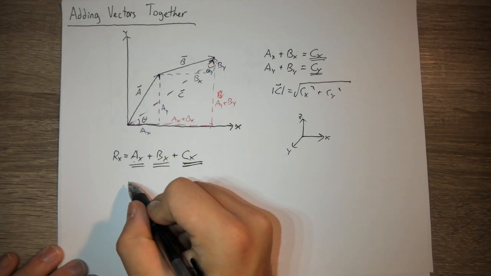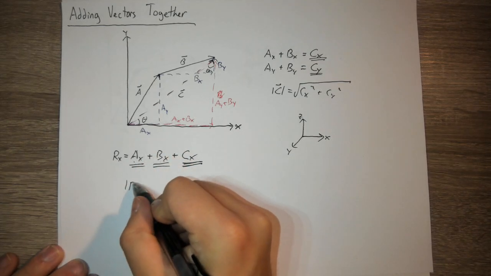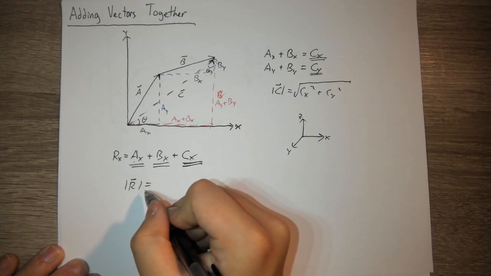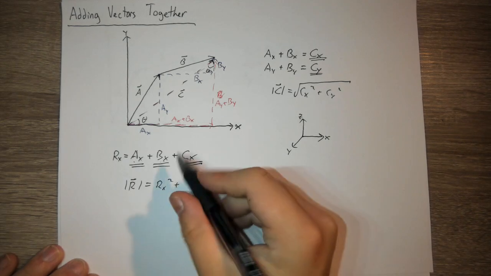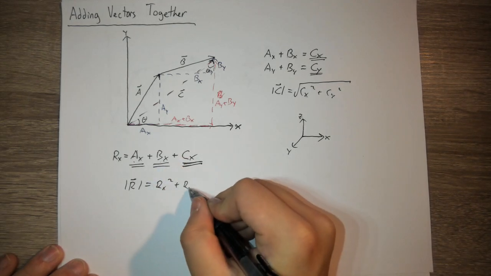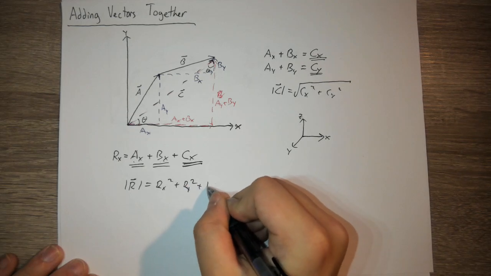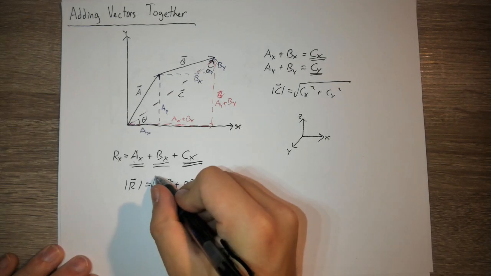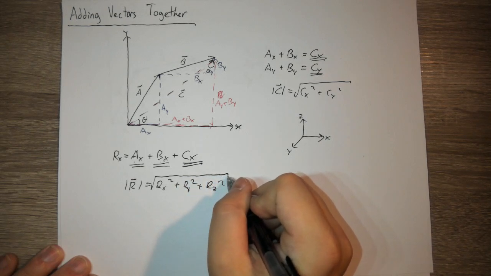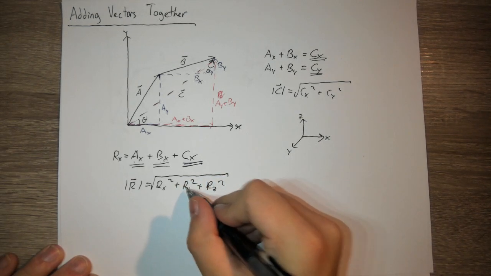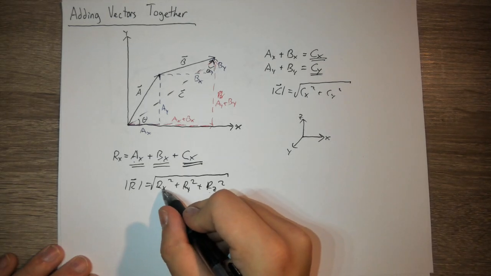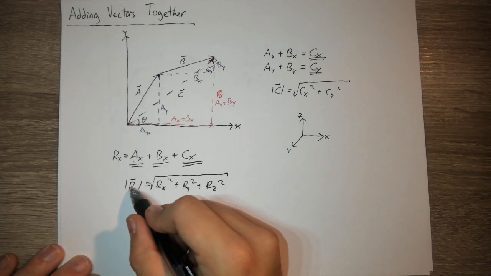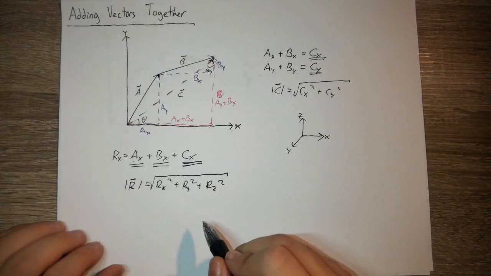It would look like this, where you have your resultant vector, and then you have your x value, your y value, and z squared. So you've got three dimensions here for your Pythagorean theorem, your magnitude.